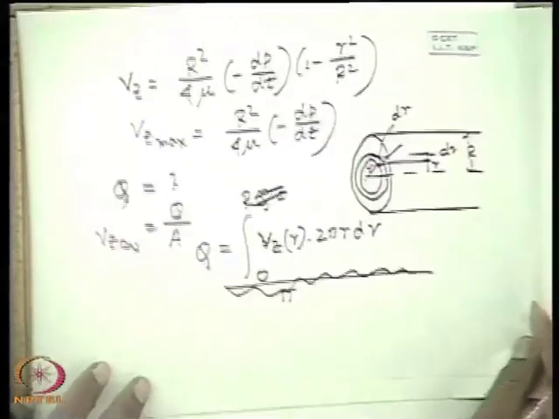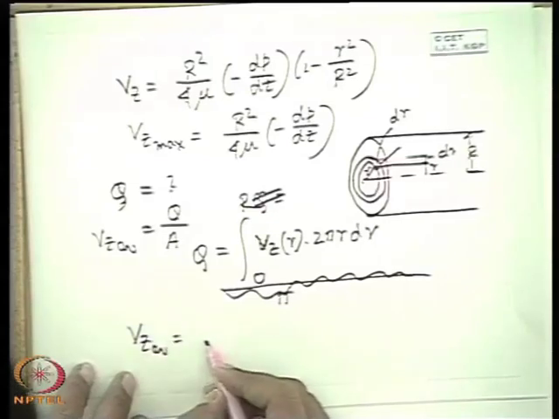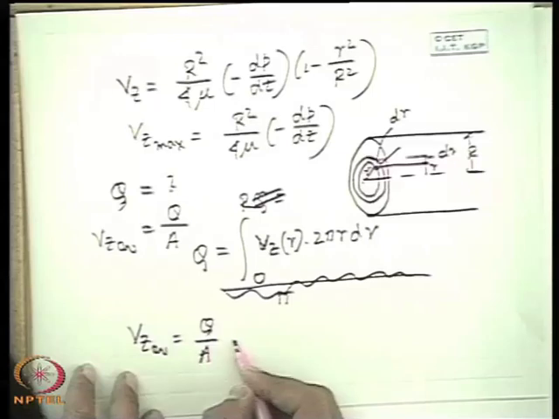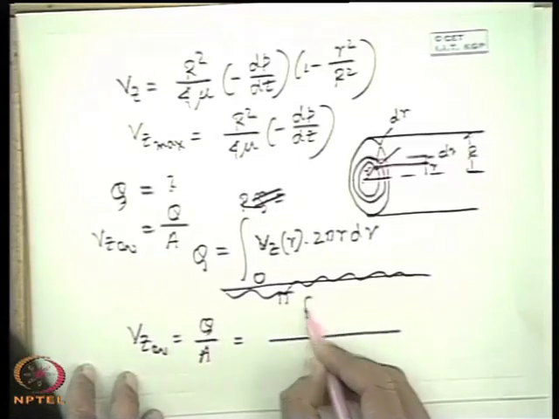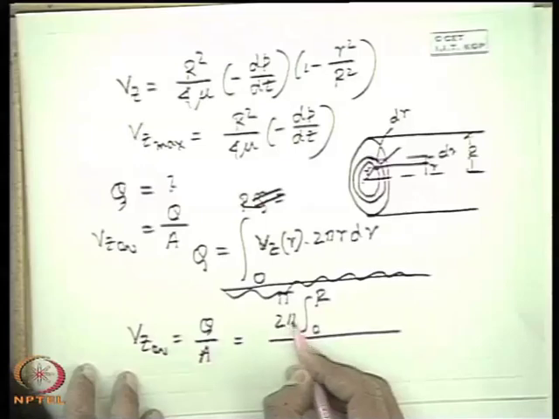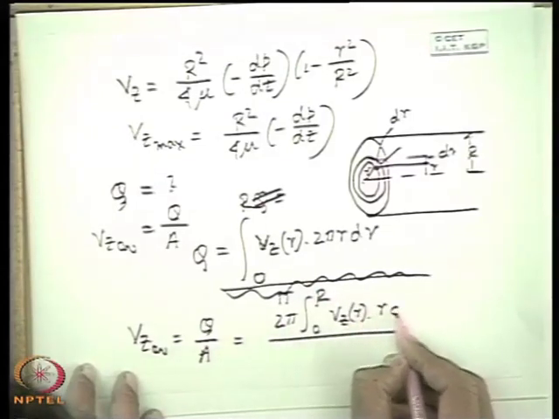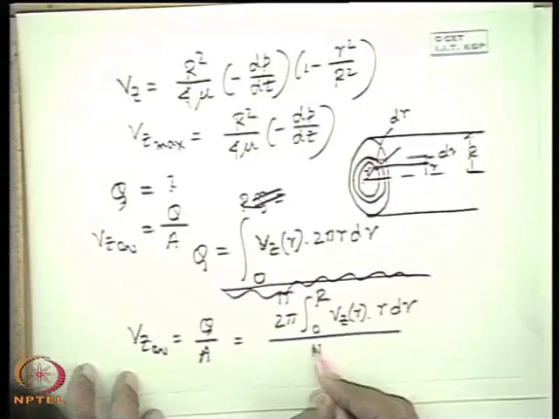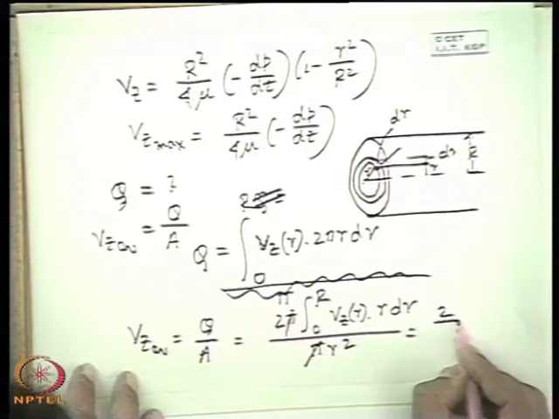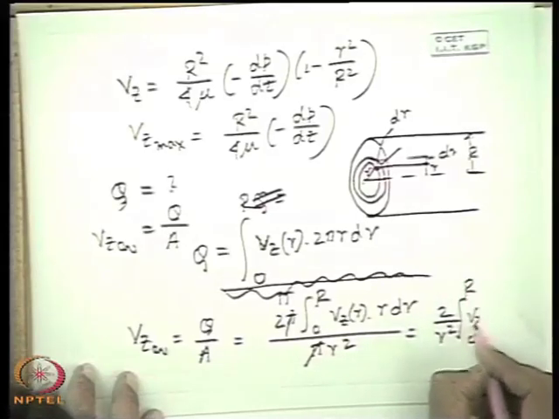I would like to show you what I told you in the last class, that Vz average is Q by A. That means integral 0 to R, now twice pi I can take out, Vz as a function of r into r dr, divided by pi R square. So it is equal to 2 by R square, integral 0 to R of Vz r dr.